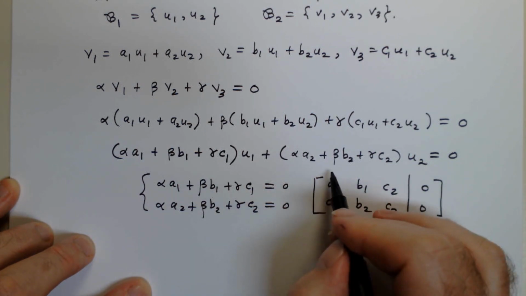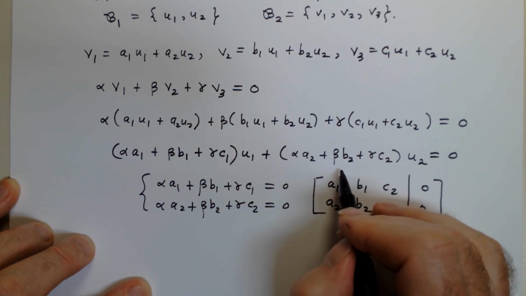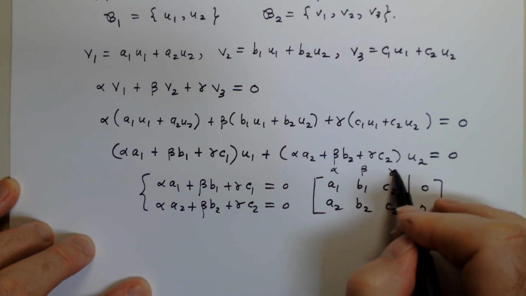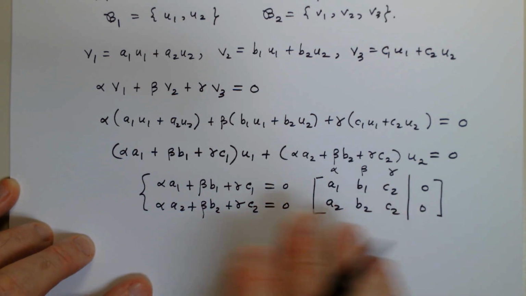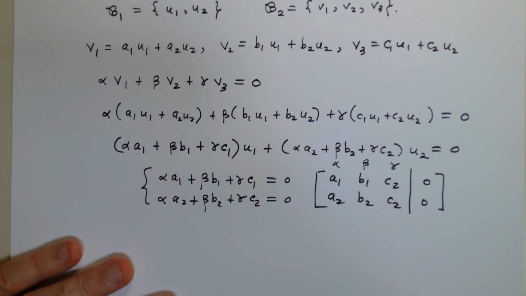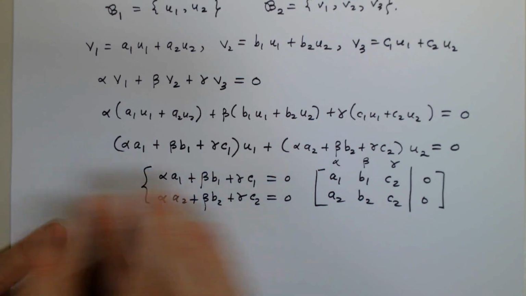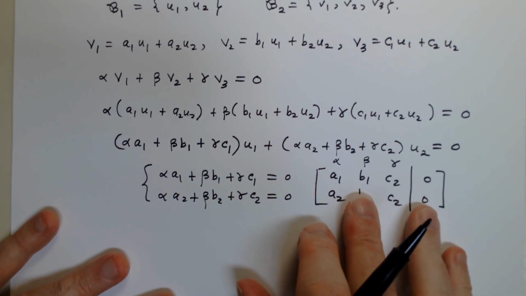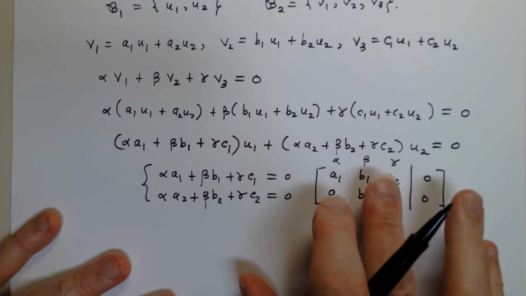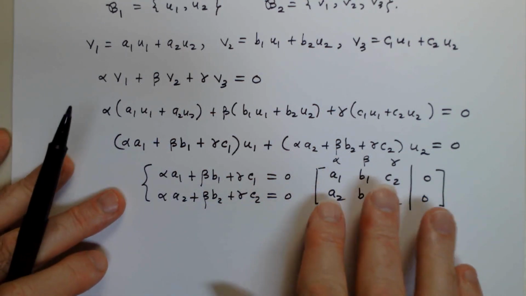And we can think of our unknowns, our columns, being given by alpha, beta, and gamma. So we have this equivalent augmented matrix that is representing our system of equations. Now, what do we know? We know that this is a homogeneous system, so we know that there's always a solution. I can always choose alpha, beta, and gamma equal to 0.